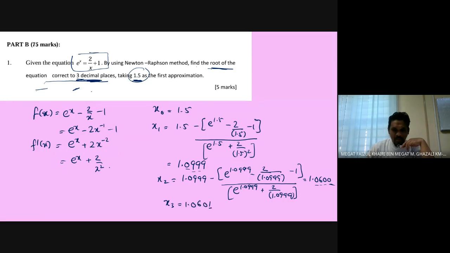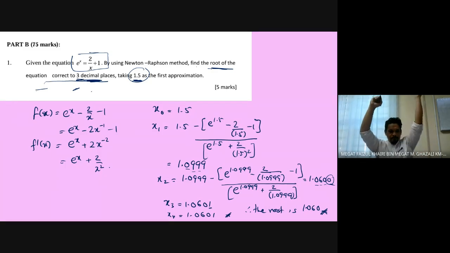Okay, because we missed out one here, we repeat another one here, and this is going to give you 1.0601, exactly the same. So then the root is 1.060. There you go.